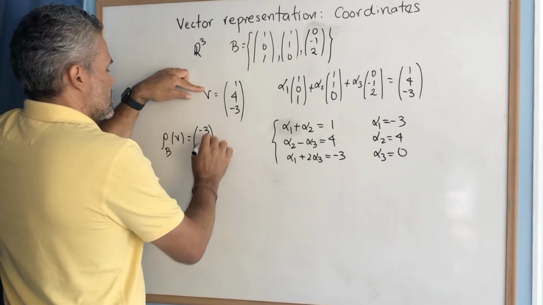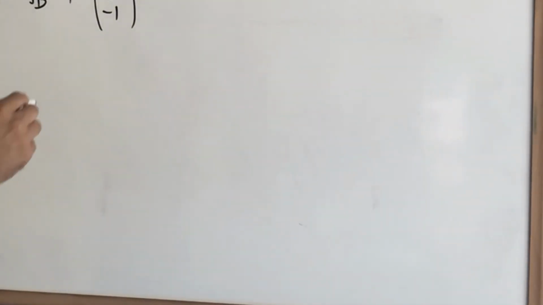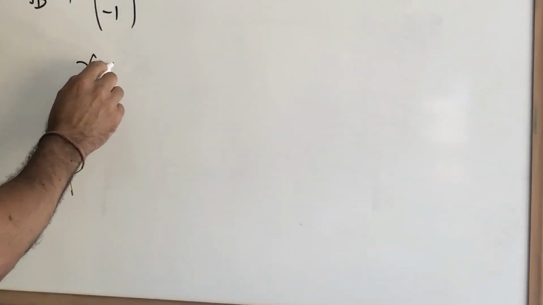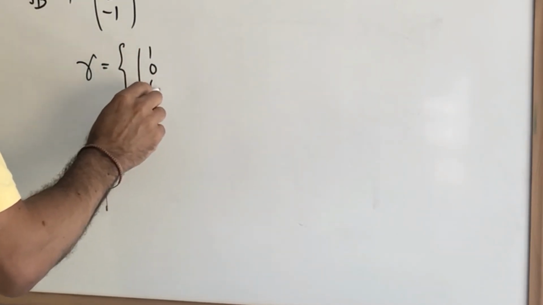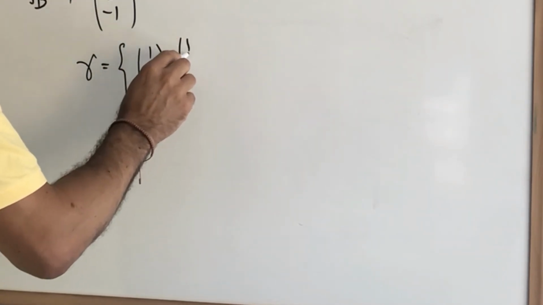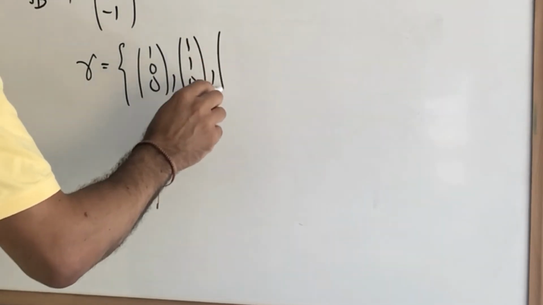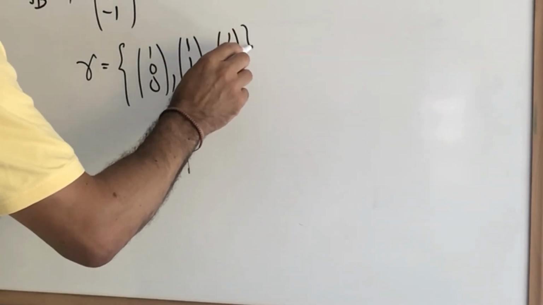If we consider another basis for R3, let's consider gamma equal to (1, 0, 0), (1, 1, 0), and (1, 1, 1).